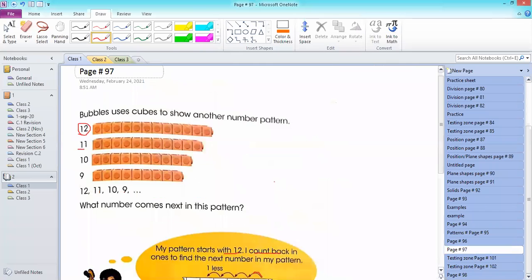But in this pattern, if you see, it is having 12, then the next block is having 11, then again less, then again less. So it is going back. It is less than, it is less than. If I ask you how many cubes are less in the second block than the first block, it was having 12, it is 11.